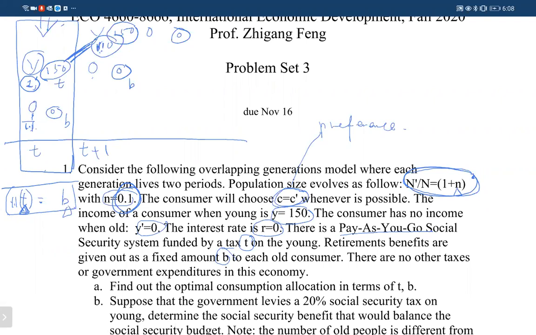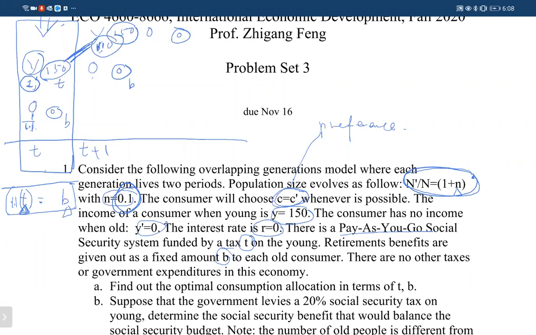B is the total benefit we will give away to the old. And 1.1 just reflects population growth. The younger generation is going to be 10% larger compared to the old due to population growth. All right, so this is a social security system.